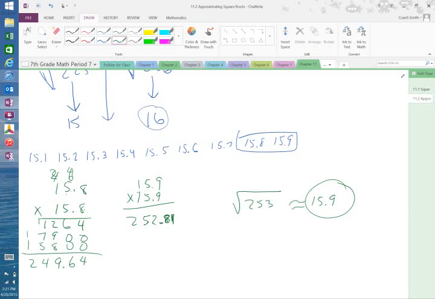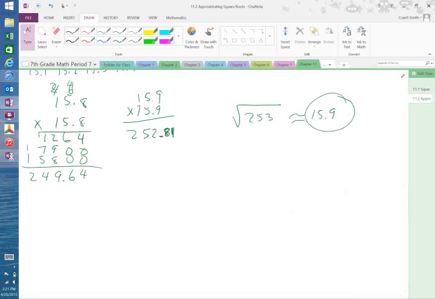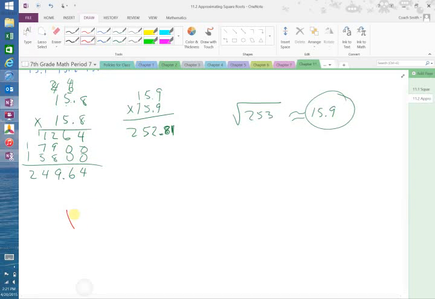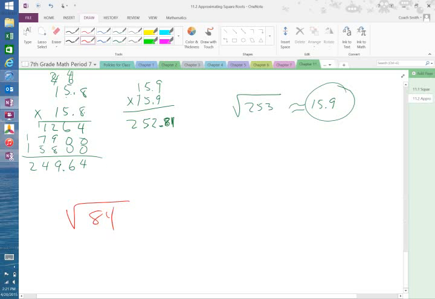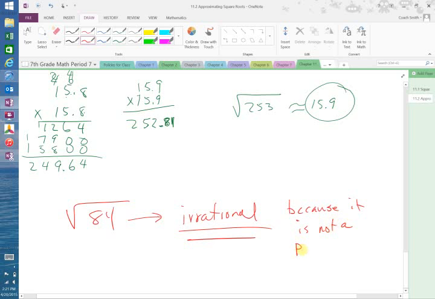Okay? Now, let's talk about irrational and rational square roots. The square root of 84 is irrational because it is not a perfect square.